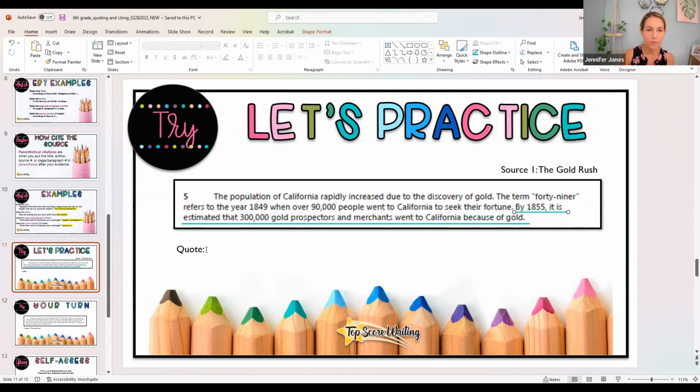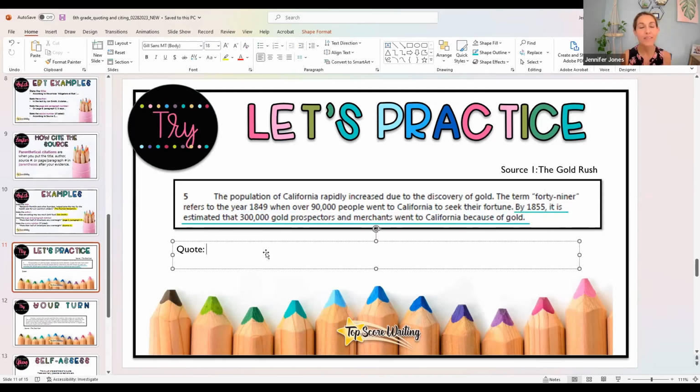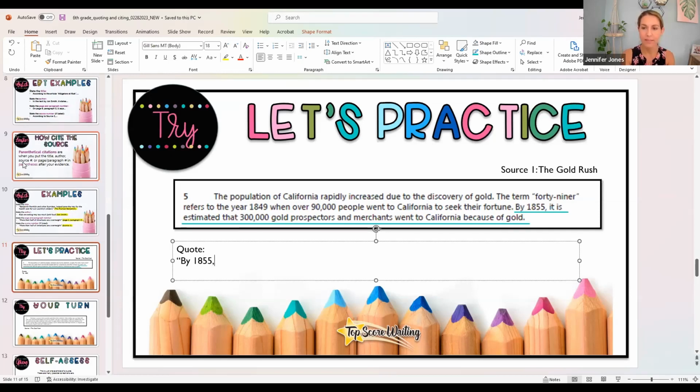Okay, so there we go. That very last sentence in the paragraph is a sentence I'm going to quote. I'm going to quote using parenthetical citations. So the very first thing I do when I am quoting with parenthetical citations is I copy the sentence exactly how it is written. So I'm going to put opening quotation marks, then I will copy the sentence.